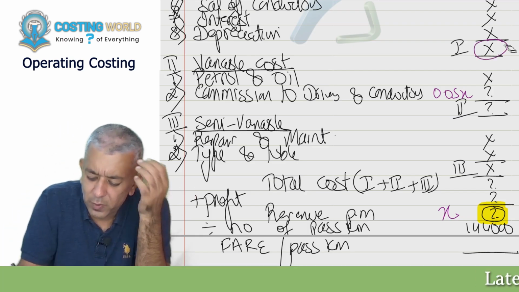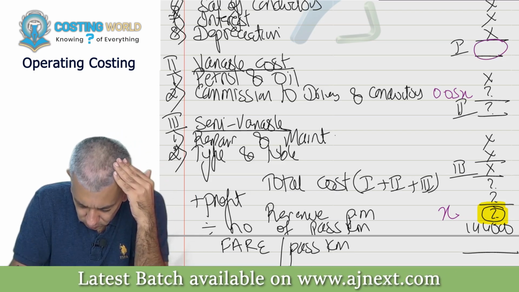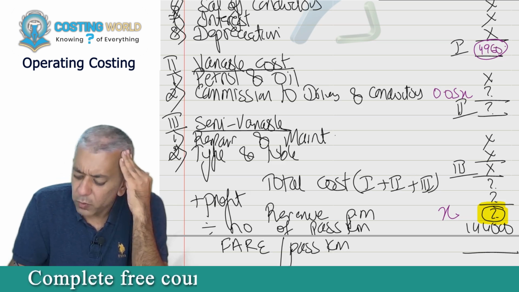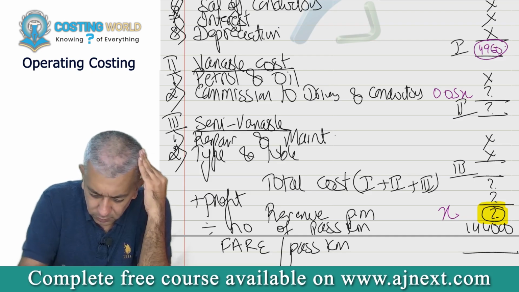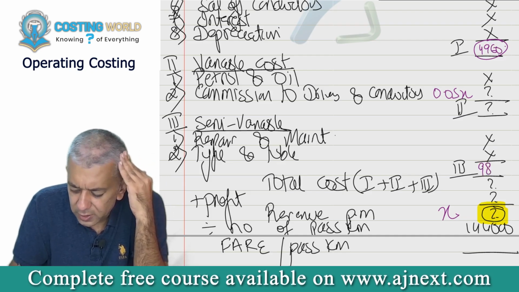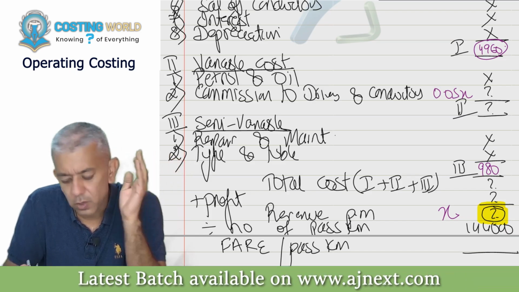What was your Roman number 1 total, beta? 4960. What was your Roman number 3 total? 980. Correct, no?